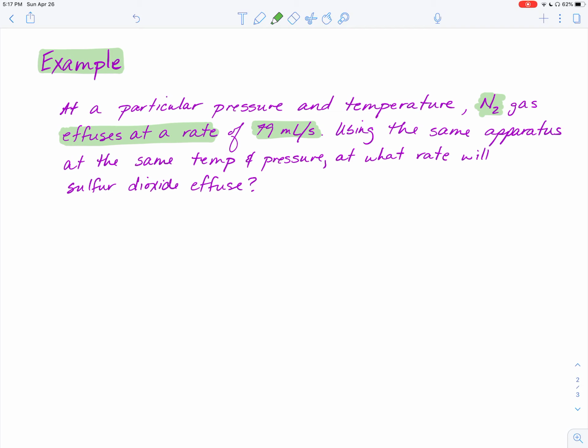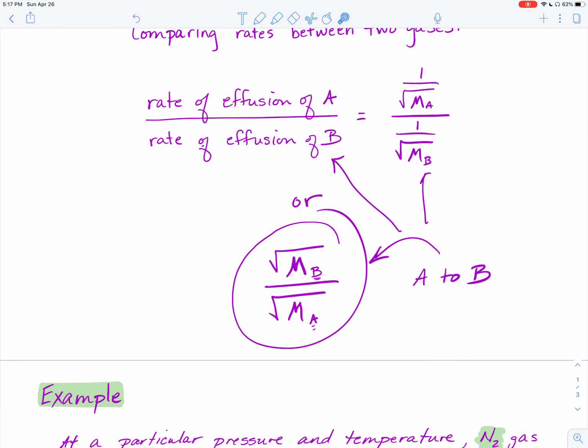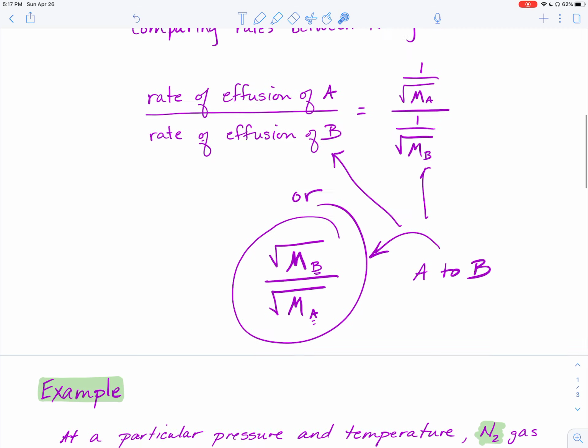Then it says, using the same apparatus, meaning how they calculated the rate in the container, at the same temperature and pressure, at what rate will sulfur dioxide effuse? We're going to have to use some version of these equations in order to solve for our second gas.